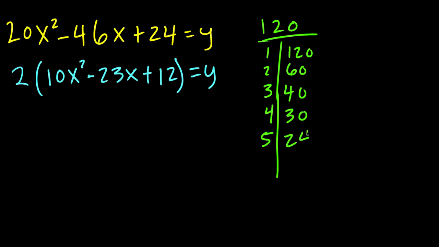Feel free to use a calculator, by the way, so you can just take 120 divided by 5 and see what it is. 6 and 20. 7 doesn't work. 8 and 15, I think. I want to double check that, so I'll just show you on the calculator.